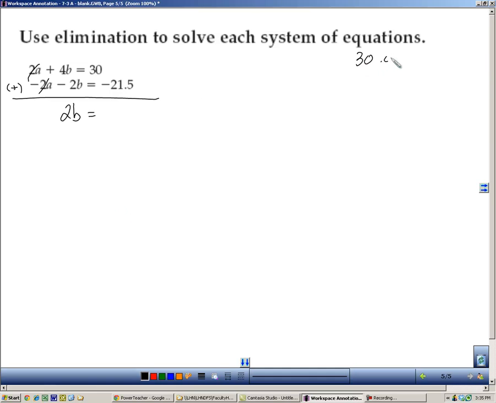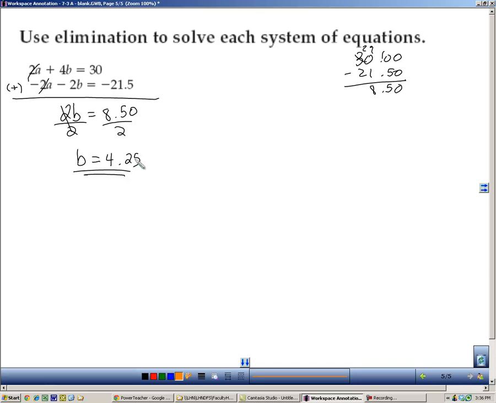Just to show you how that's going to work. 21.50, so 0, this becomes a 29, and we borrow. And then 8, so 8.50. Divide both sides by 2. Well, if I divide 8 by 2, I get a 4, and if I divide 50 cents by 2, I get 25 cents. So b is 4.25.